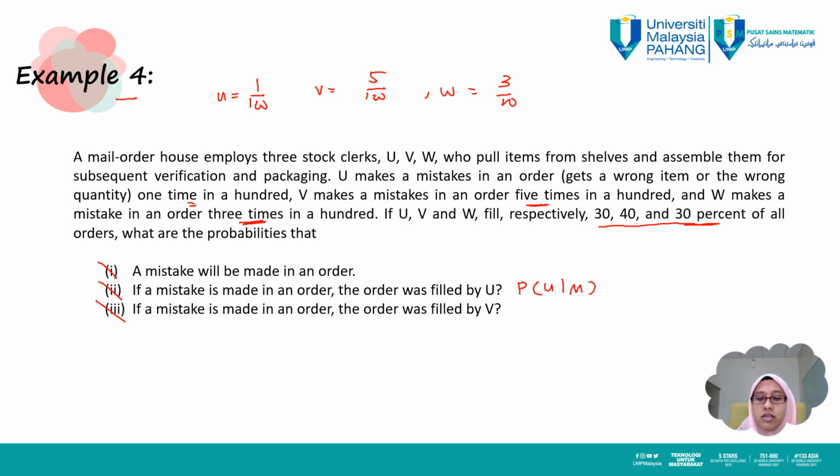So how about number 3? The question asks us to find if a mistake is made in an order, the order was filled by V. That means P(V given M).